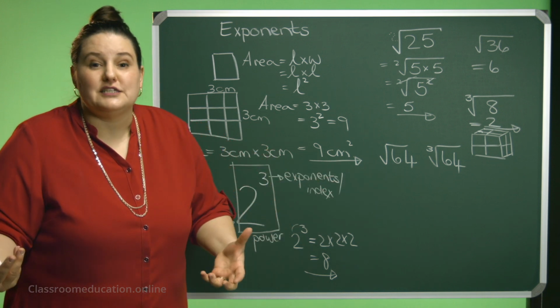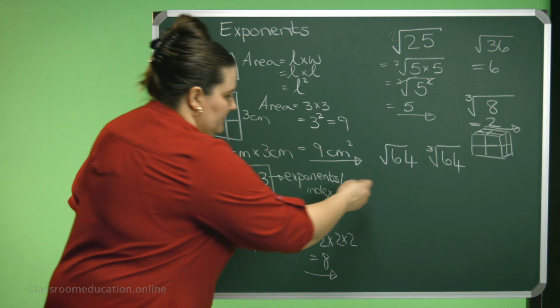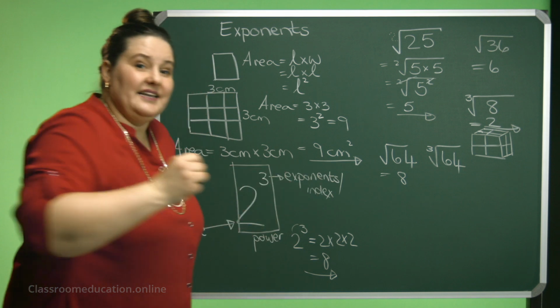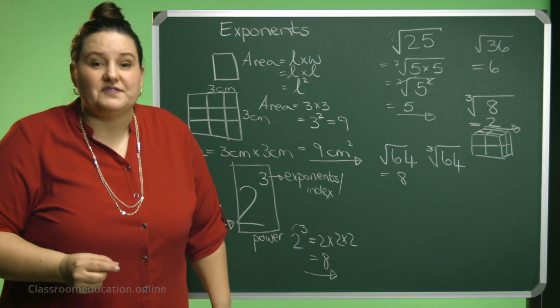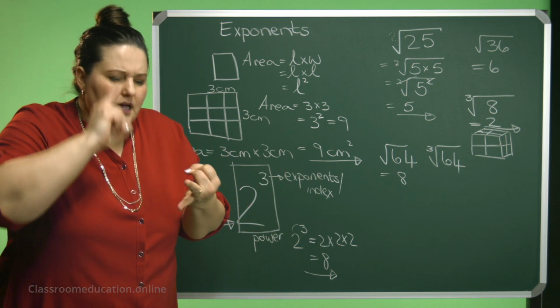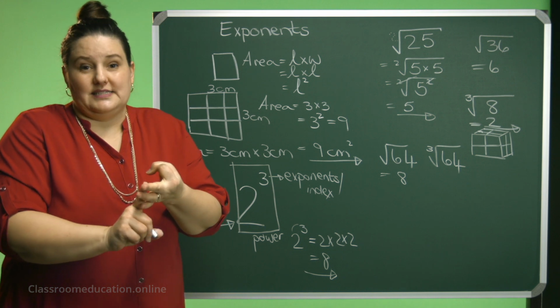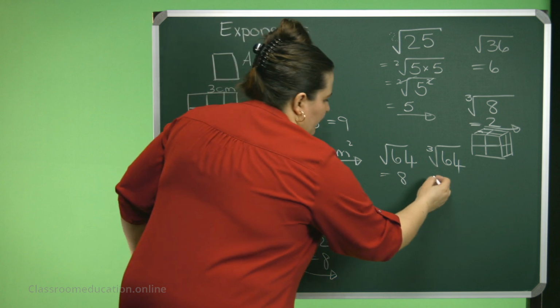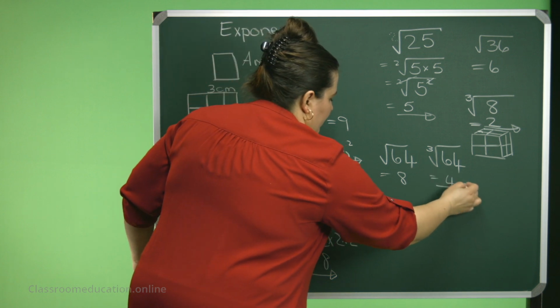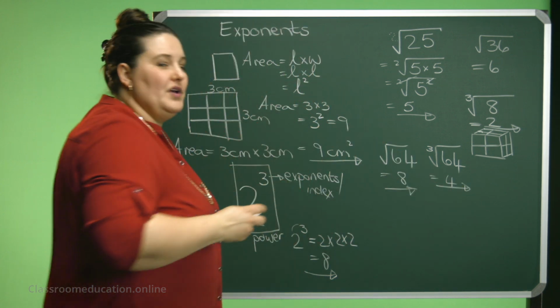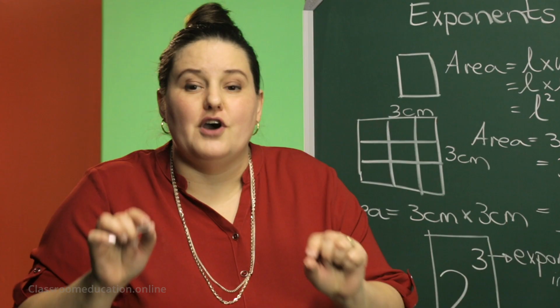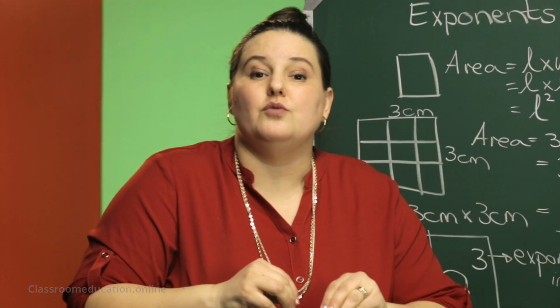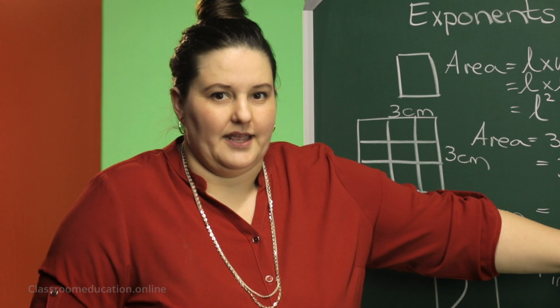What times what is 64? 8. And in the other case, the cube root of 64, what times what times what is 64? 4. Okay, boys and girls, again, make sure you know your times tables. Otherwise, you will not be able to do this as quickly.